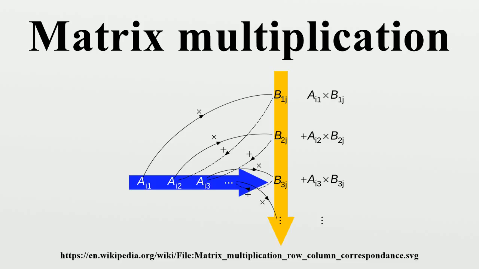Matrix multiplication can be extended to the case of more than two matrices, provided that for each sequential pair, their dimensions match. The product of n matrices A1, A2, and so on, with sizes S0 times S1, S1 times S2, up to Sn-1 times Sn, is the S0 times Sn matrix.